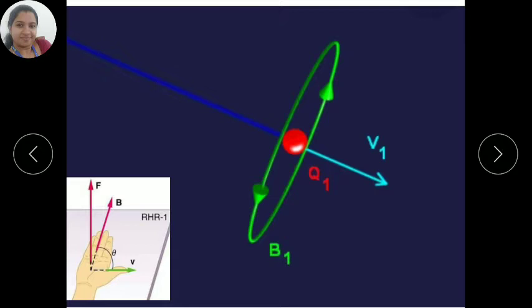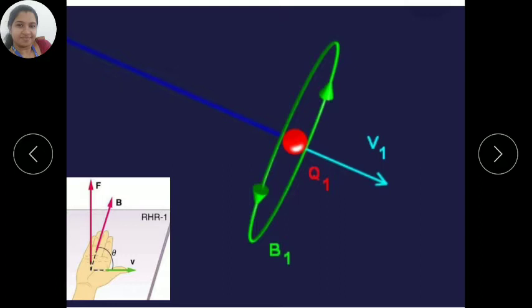By the deflection, we can state that a magnetic field is generated. Due to the presence of this magnetic field, the needle gets deflected. This magnetic field is represented by the letter B1, and the arrow represents the direction of the magnetic field, which is perpendicular to the direction of propagation of the particle.